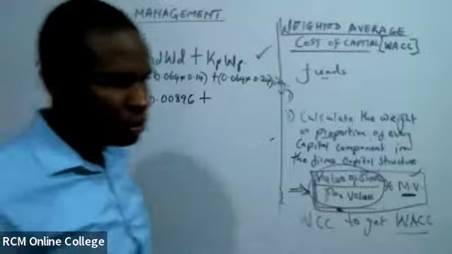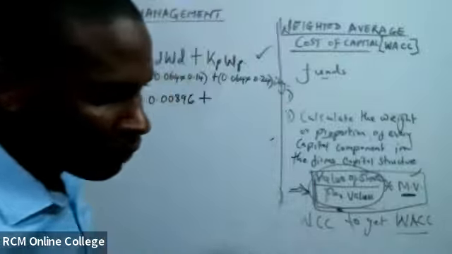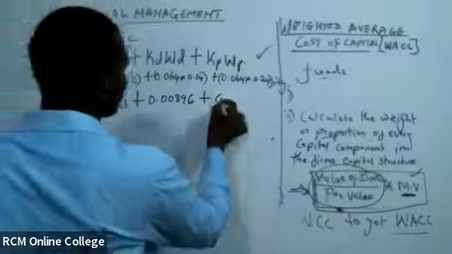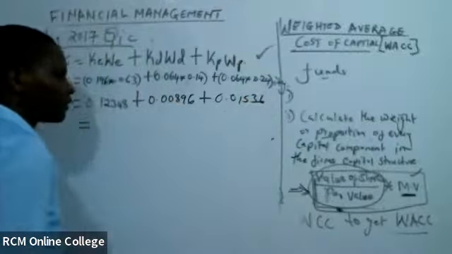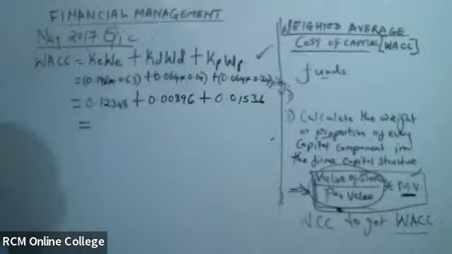Ya mwisho, 1536. Haya. Sasa nipatie tu total. Total ni ngapi? To four decimal places.